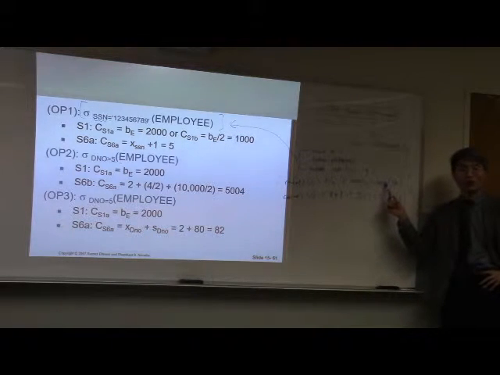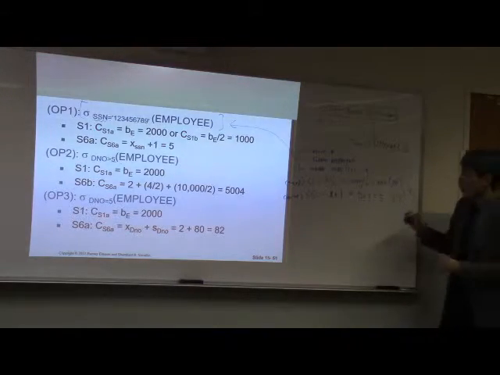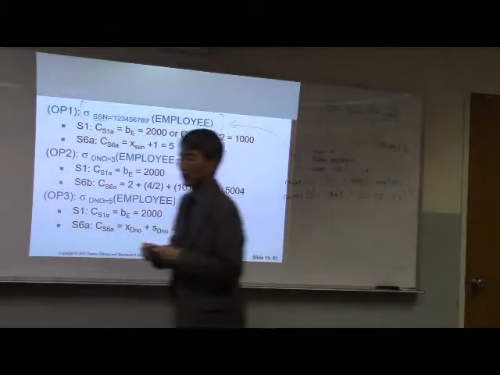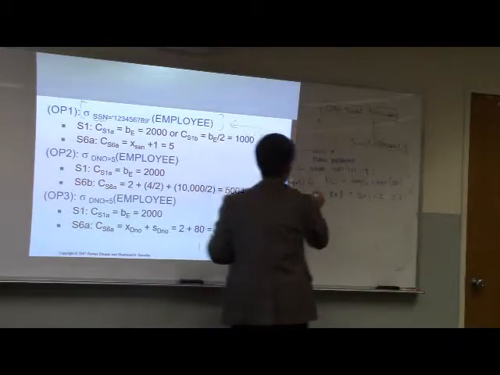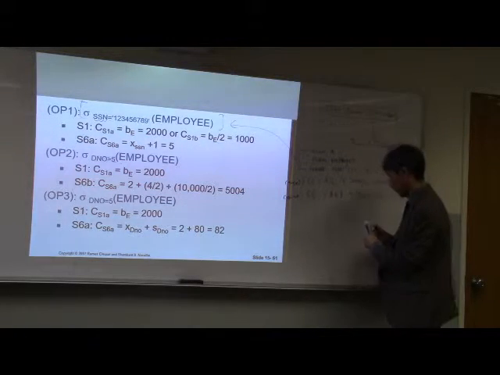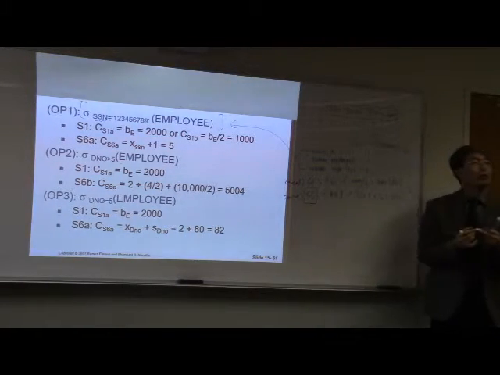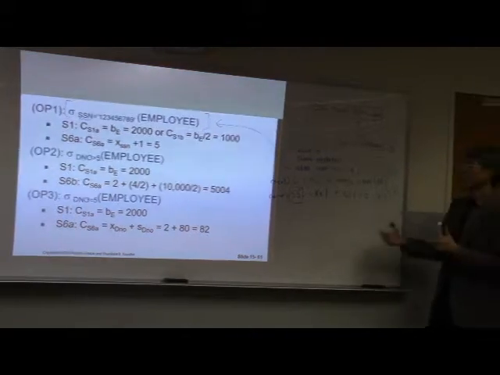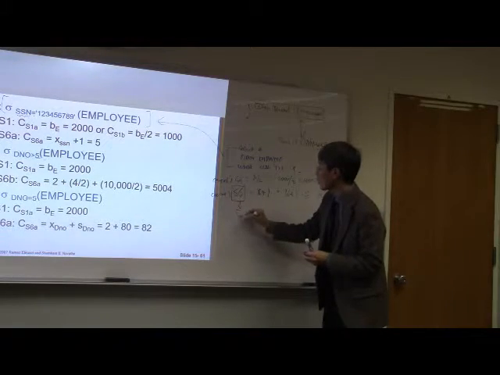So 5 is much, much less than 1,000. So the Query Optimizer will select this as the fastest approach.